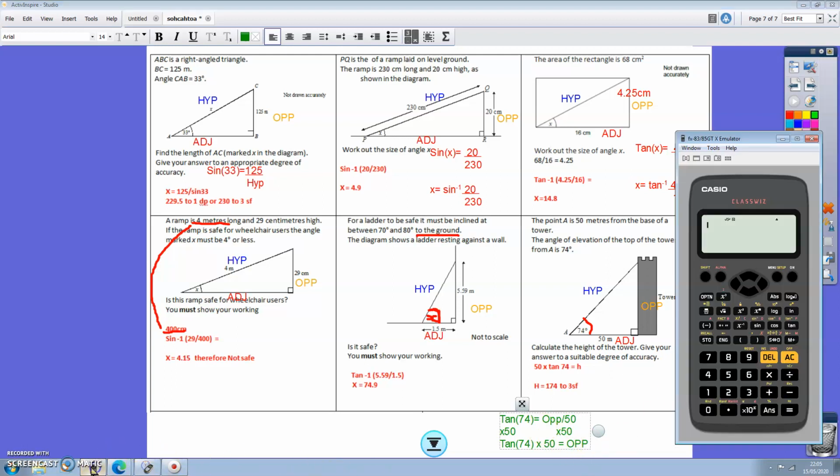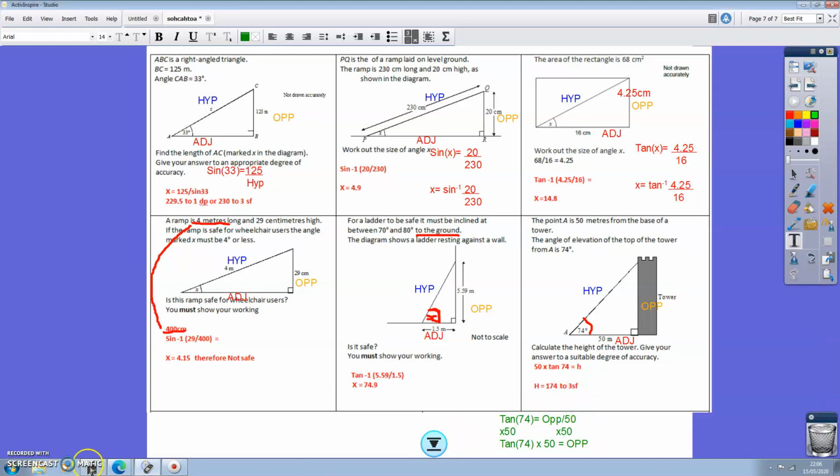And that's what I will do in the calculator. Tan 74 close bracket times 50 equals 174.370722.